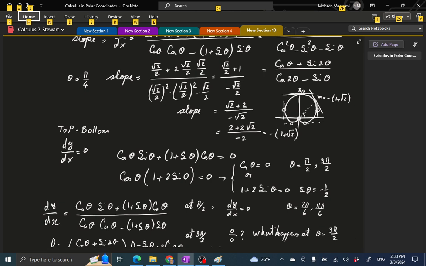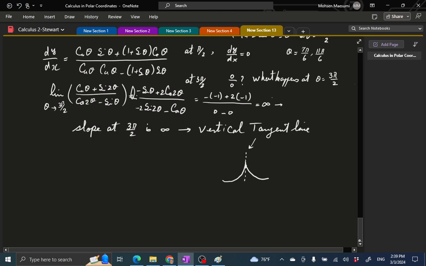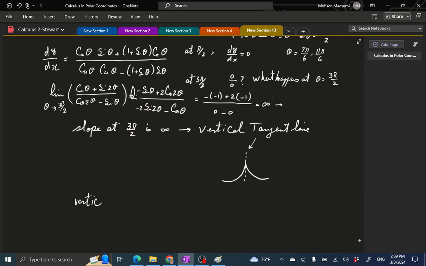For the second portion, we want to figure out where the tangent will be vertical. Of course, we found that at this point it is vertical. Let's go after the other two. That's going to happen where the denominator is equal to 0. So let's go ahead and see the vertical tangent line.